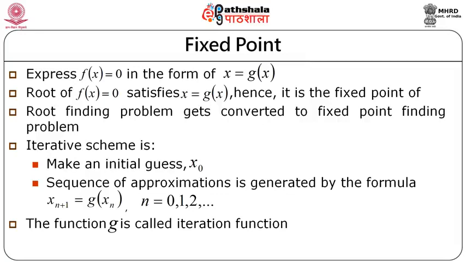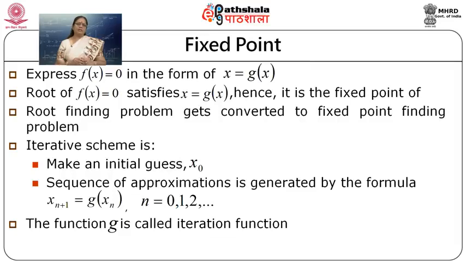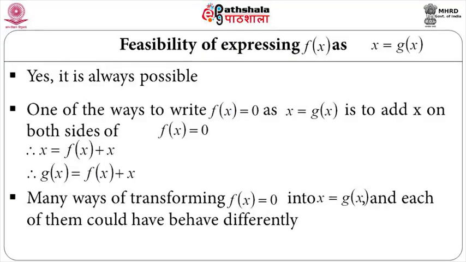That is, x 1 will be g x 0, x 2 will be g x 1, x 3 will be g x 2, and so on. When the two consecutive x values differ by less than epsilon, we stop the process, and that gives us the estimate of the root of the equation f x equal to 0, which is a fixed point of g x. This function g x we call the iteration function.